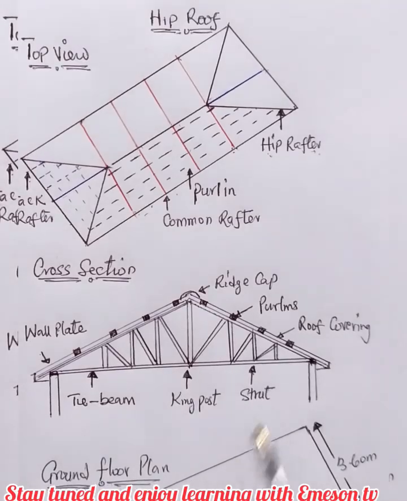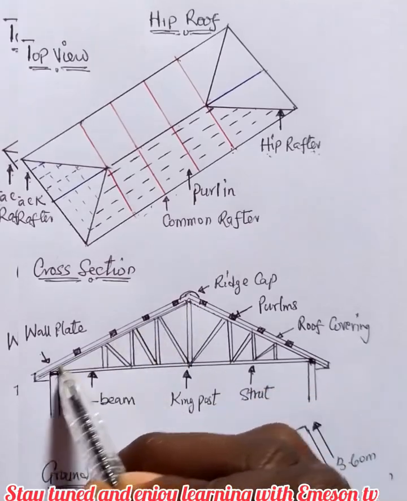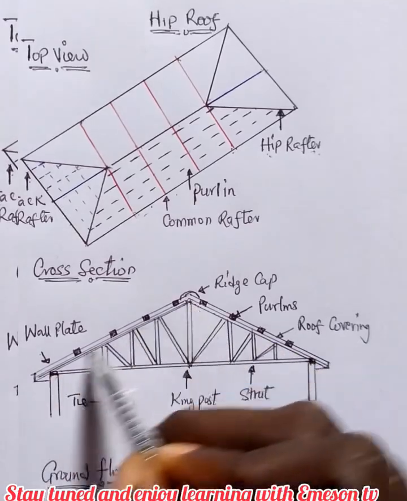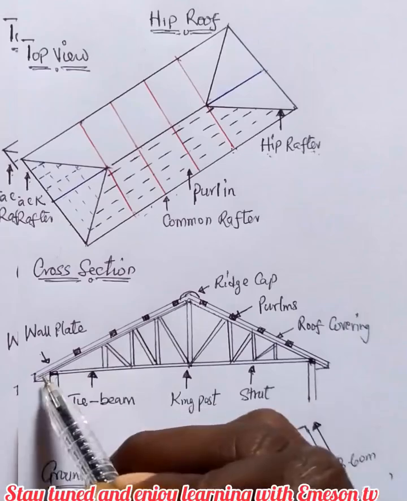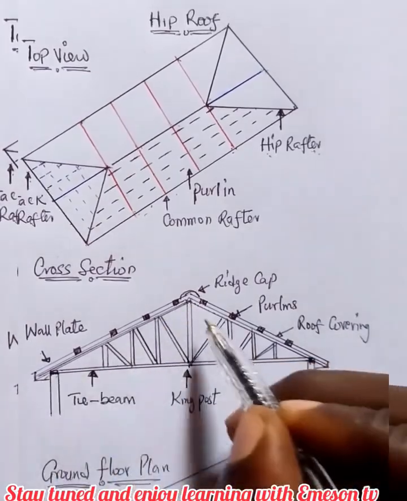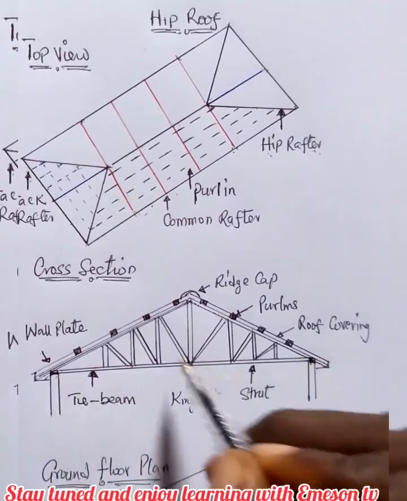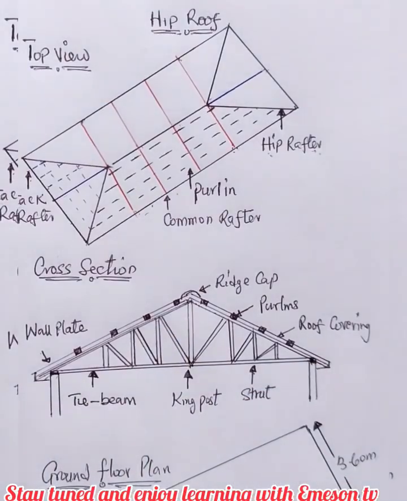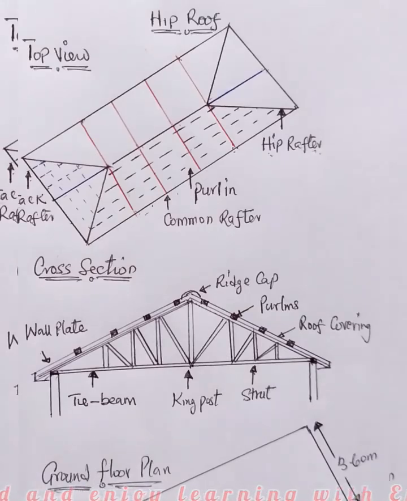This is where we have trusses, where we have this triangular form. Trusses constitute our rafter, our king post, tie beam, and struts. So this triangular combination of members that helps to give strength to the roof is what is called trusses.